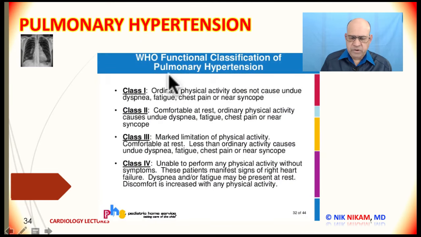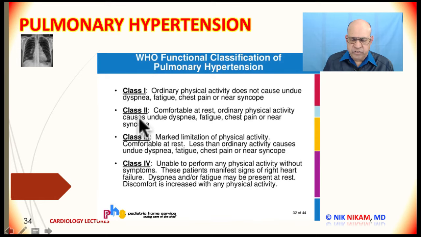Now, this chart looks at the functional classification of patients with pulmonary hypertension. Class 1 includes patients who do not develop any symptoms such as dyspnea, fatigue, chest pain or syncope with ordinary physical activity, whereas class 4 involves patients who have symptoms at rest and may have evidence of right heart failure.